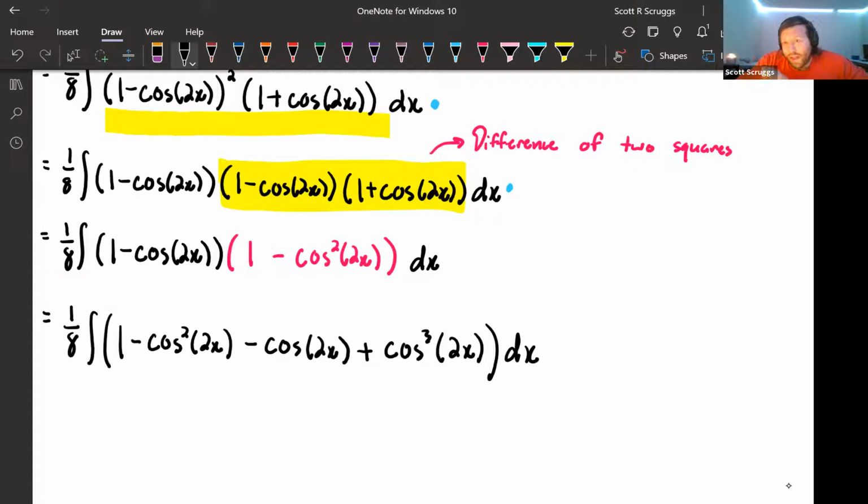So after FOILing out, this is what I should get at the very end: 1 minus cosine squared 2x minus cosine of 2x plus cosine cubed of 2x.